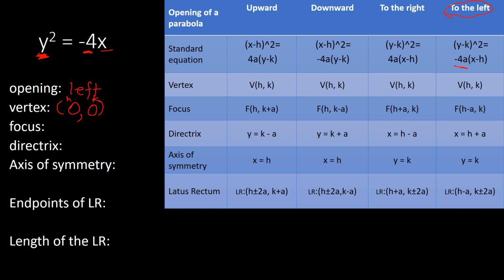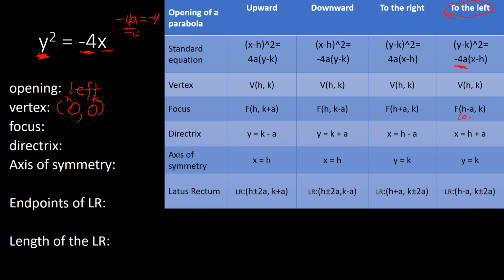So going over to the formula here, for the focus, we have h minus a, comma k. So we have our h as 0, and then minus our a there. We don't know the a yet, but if you try to look at this, the negative 4 here is our negative 4a. So negative 4a is equivalent to negative 4.